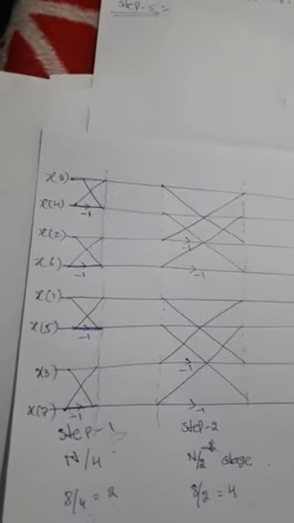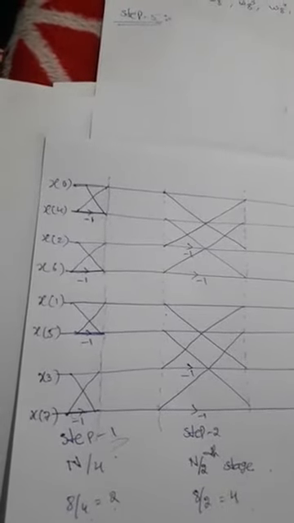Next is step 7. In this step 7, we will multiply the twiddle factor in the butterfly structure. So see here, W8 to the power of 0.